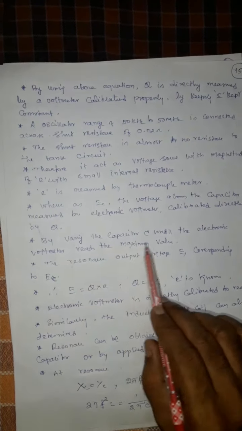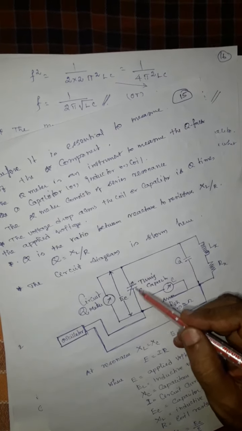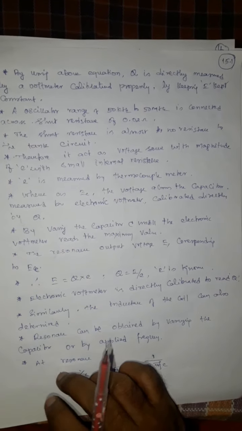EC is the voltage across the capacitor, measured by the electronic voltmeter calibrated directly in Q. We have to vary the capacitor C until the electronic voltmeter reaches the maximum value.